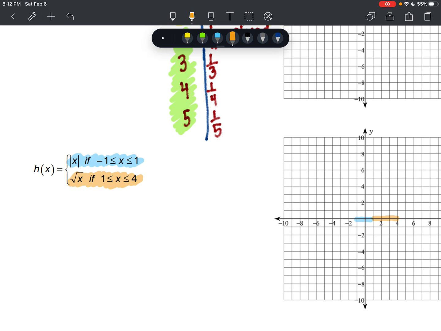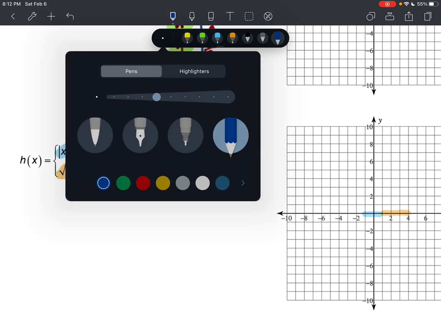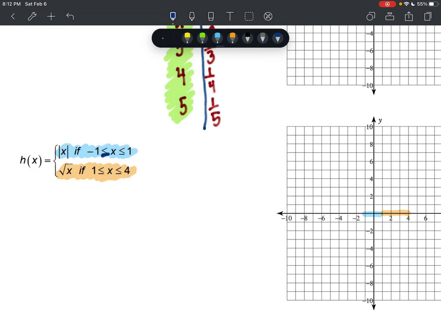When we put in -1, I'm going to look at the blue function, and I'm not going to make the table this time. If you want to make the table, you can. I'm just going to say, if you put a -1 in, we know it's going to be a closed circle because of the equal to sign, and we're putting it into the blue function. So when I put a -1 into the blue function, I'm going to get an absolute value of -1, which is +1.